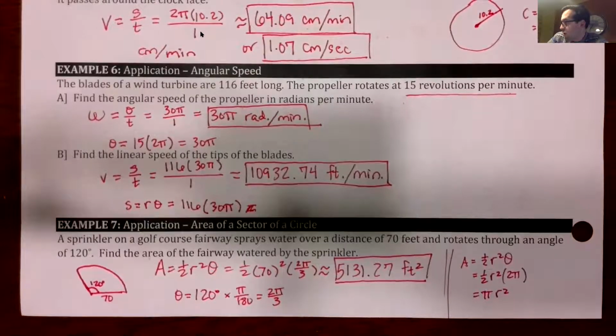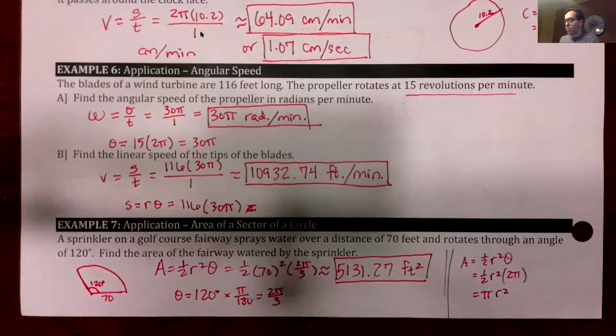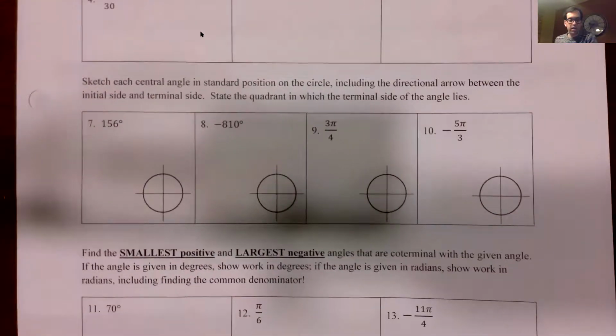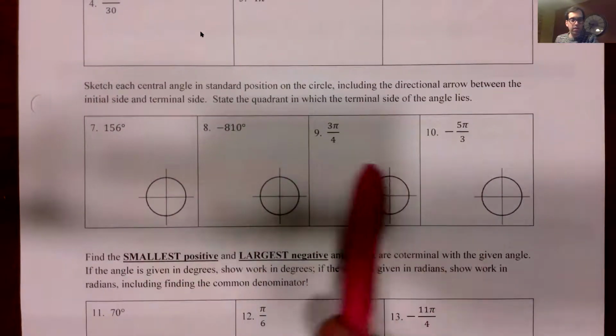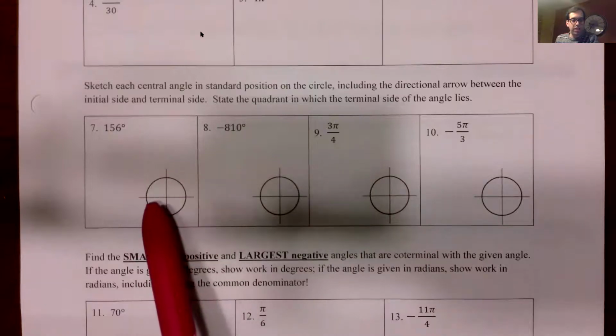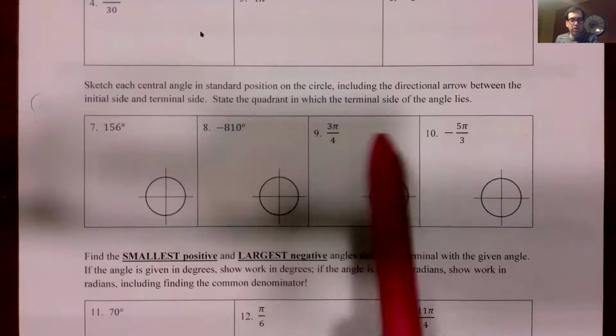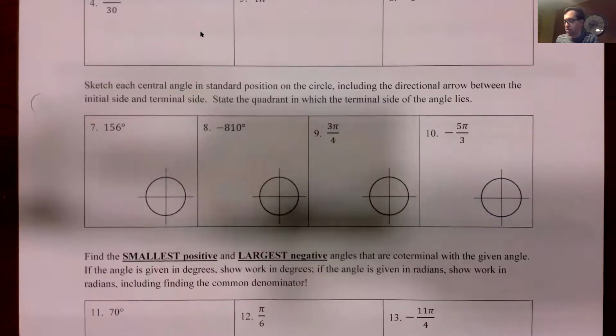Okay, so I know that this notes section is a lot. I'm looking at the worksheet right now, and it is pretty similar to this notes section. So I think you're going to be in pretty good shape here. In 7 through 10, you're going to try to sketch the angle and state the quadrant in which the terminal side of the angle lies.